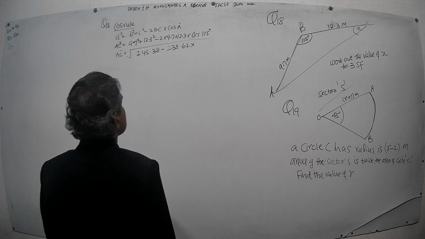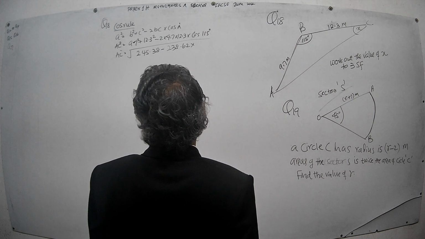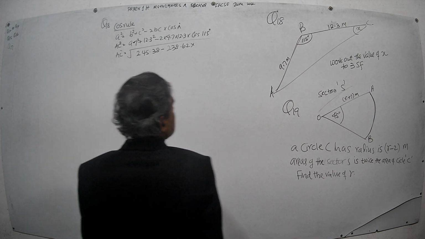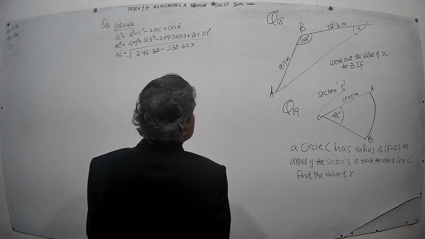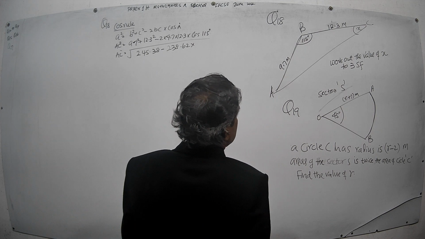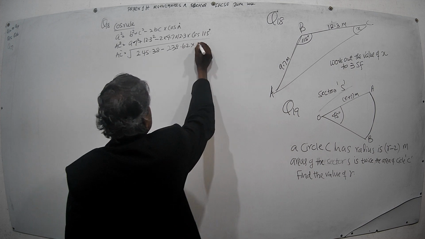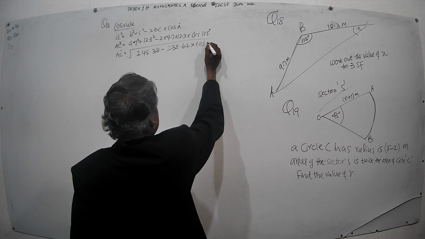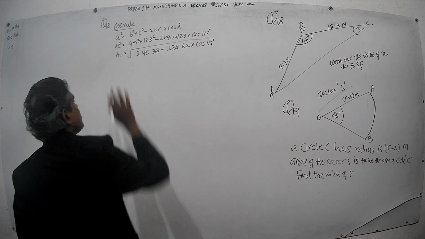Cos 150 is not an exact value, right? This is AC.